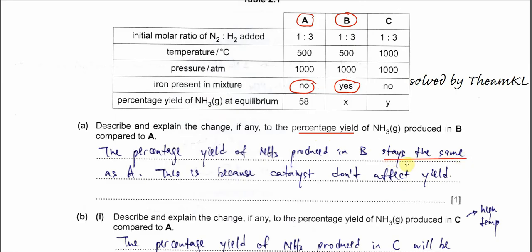It will stay the same, because they are different only with catalyst and without catalyst. So the percentage yield for B will be the same as A, which is 58. And this is because a catalyst will not affect the yield.